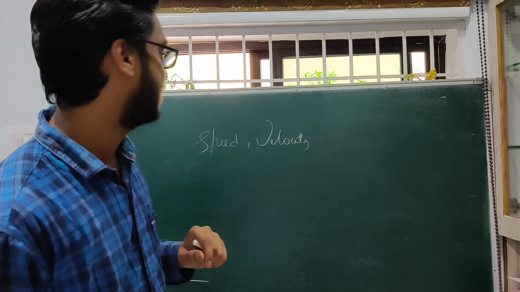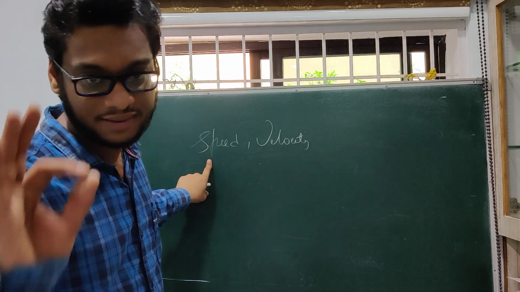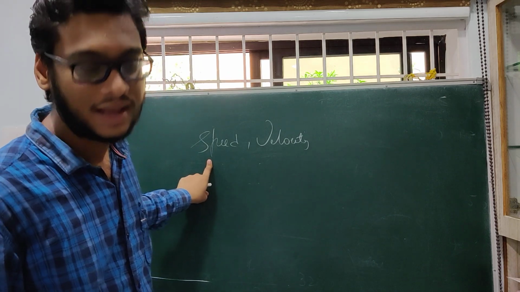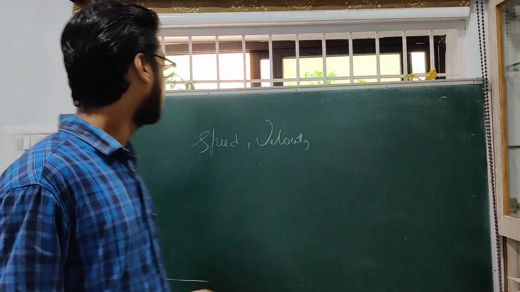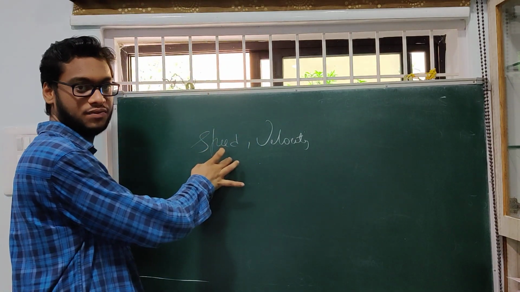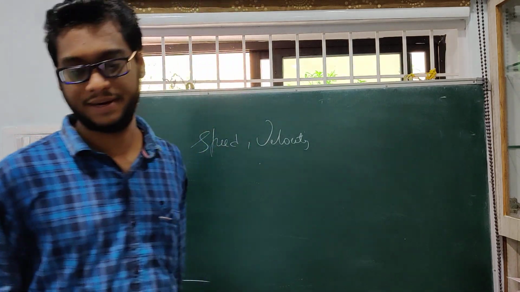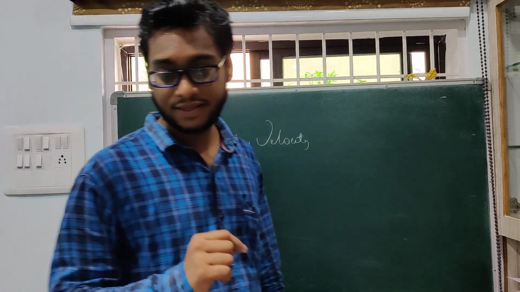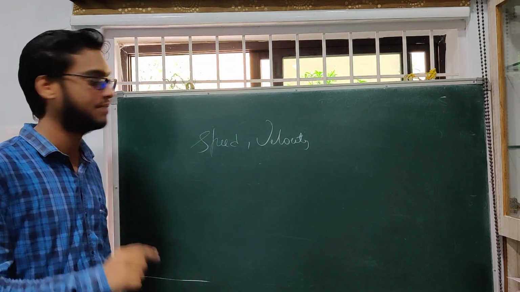Now let us go with, first of all, speed. Speed is the distance traveled by an object in a given interval of time. Velocity is nothing but the displacement of an object in a given interval of time.